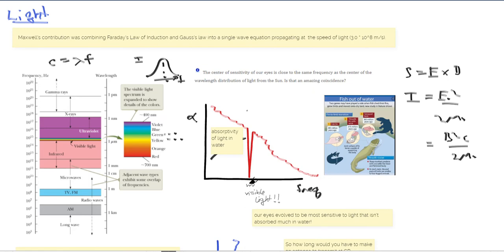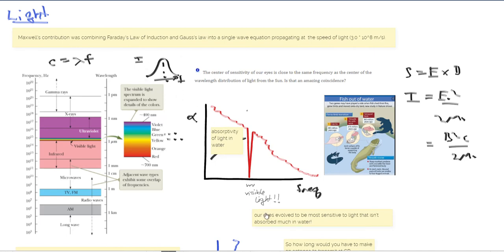But something spectacular happens right at the blue-green wavelength. It just drops down, almost to zero. The absorption is minuscule at this very narrow range of frequencies, which happens to correspond to the range of frequencies that we can see. So our eyes didn't just evolve because we happen to be close to the sun.